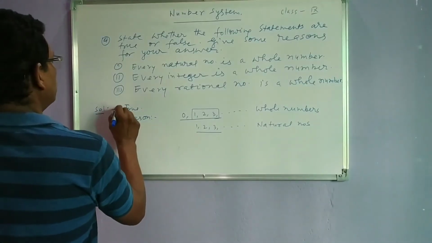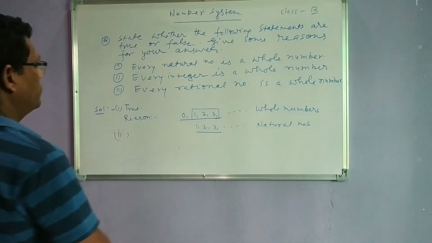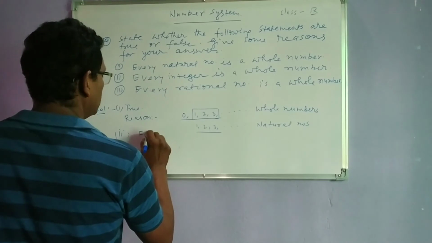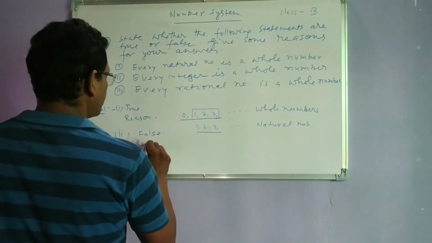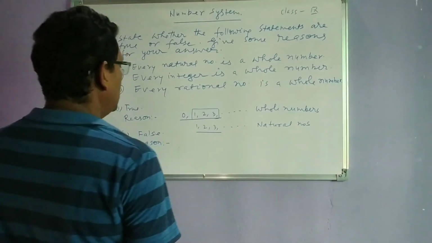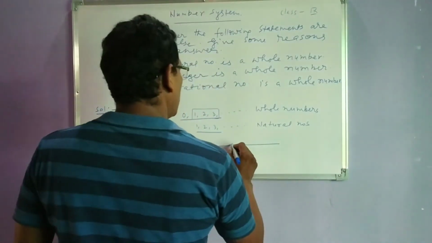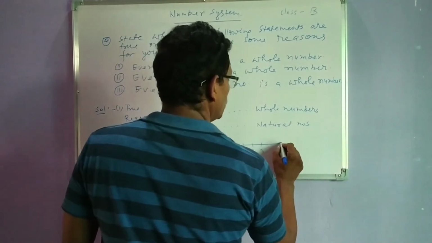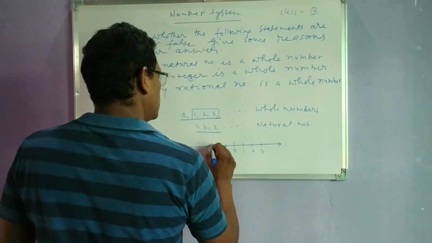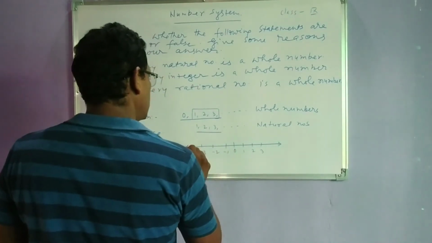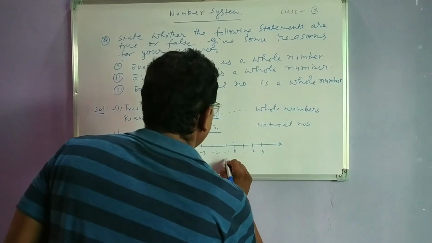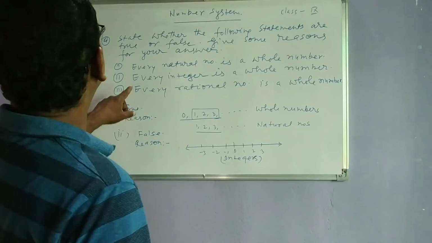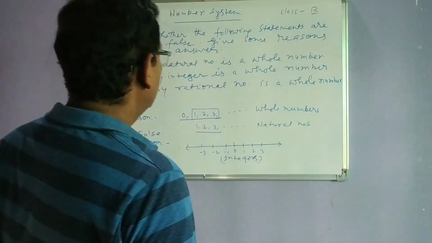Now come to the second statement. Every integer is a whole number. False. Reason. We represent integer on the number line: 0, 1, 2, 3, and so on. Then -1, -2, -3, and so on. These are integers. Question says every integer is a whole number.